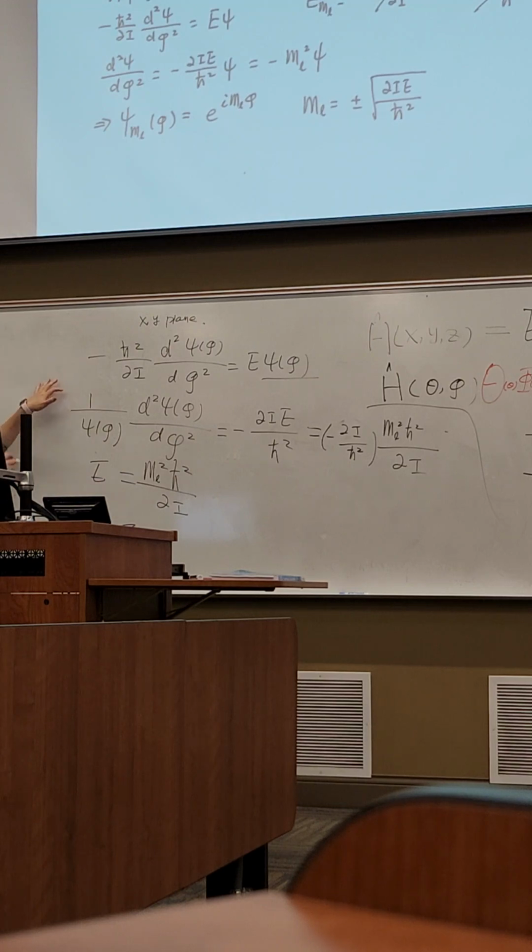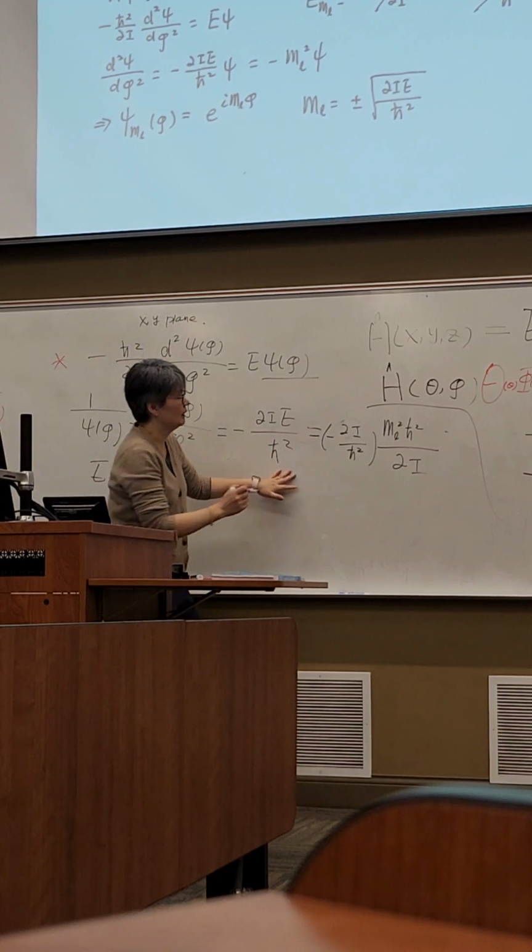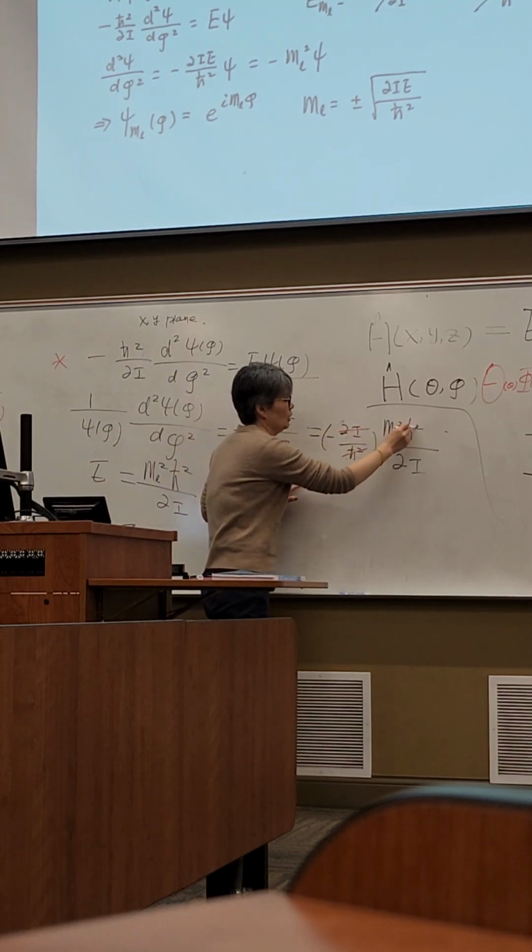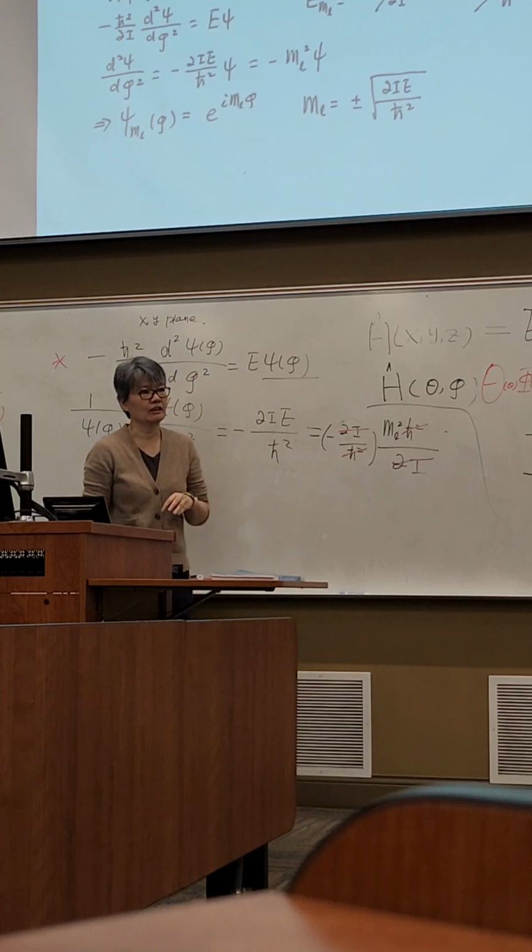I hope you guys know this is really the Schrodinger equation for the rotational motion. All we did is divide the whole thing by the wave function and multiply by the negative 2I over h bar squared for the whole expression. Now what do we have in here? 2I, h bar got cancelled out.